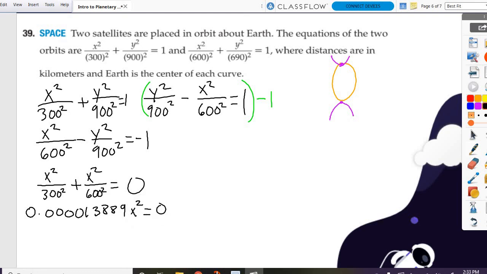So both of those are x squareds, so if I add my fractions together, I can combine them, and that's the decimal that we get. And the reason that we're getting such a weird decimal is because notice that these distances are in kilometers instead of like thousands of kilometers or something else.